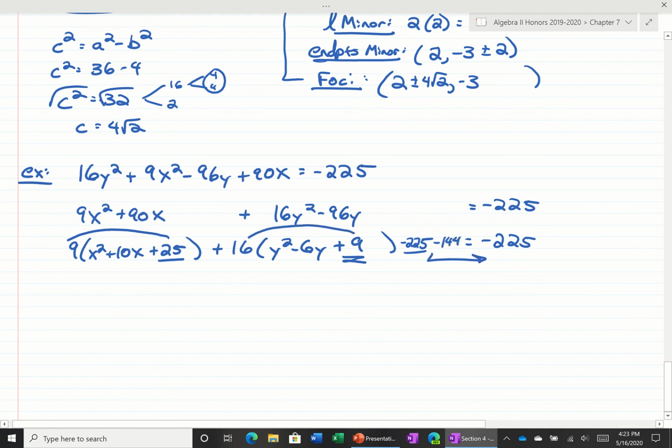And then we'll bring those numbers on the other side. So really what we get is 9 times x plus 5 squared plus 16 times y minus 3 squared is equal to 144. These would cancel and the 144 comes over.